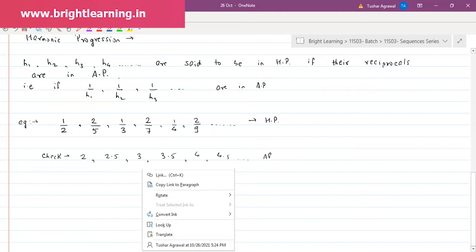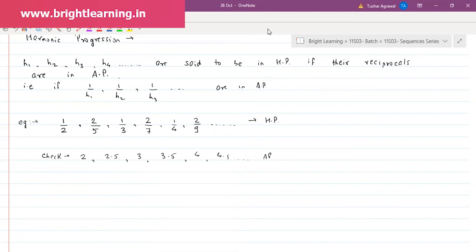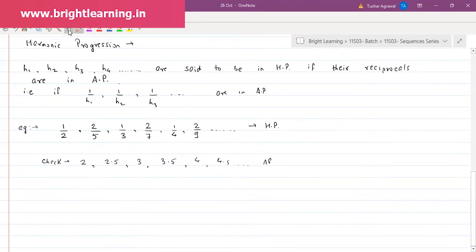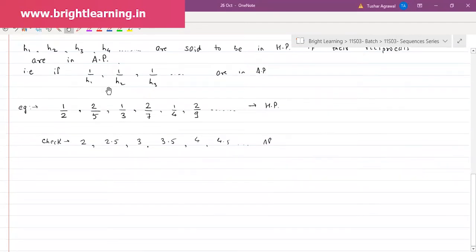So this sequence is a harmonic progression. Now I hope you got the definition of harmonic progression. As such, there are no simple formulas for harmonic progressions.